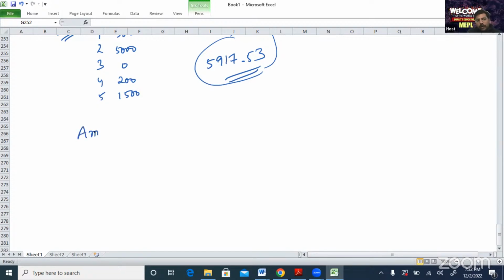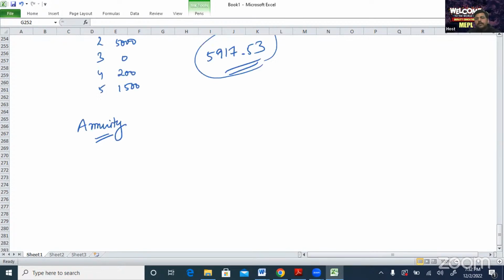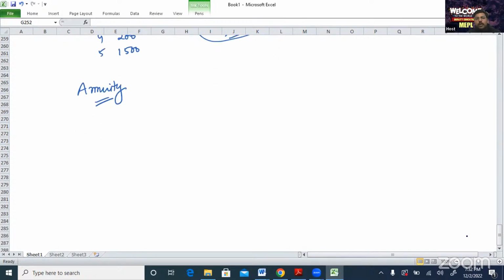So now we are talking about something called annuity. We have talked about single cash flow. We have talked about multiple cash flows which are uneven. Now we are talking about multiple cash flows, but the amount is the same.